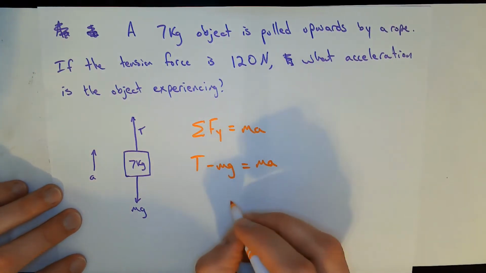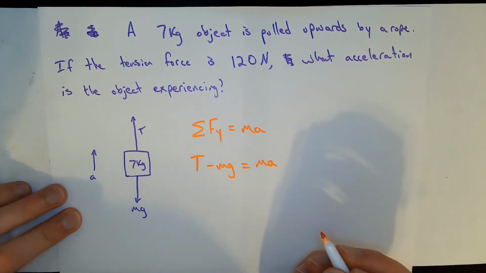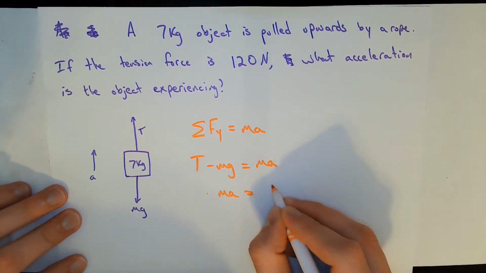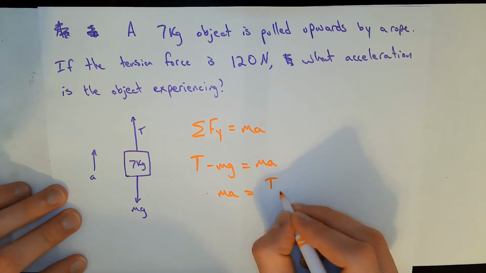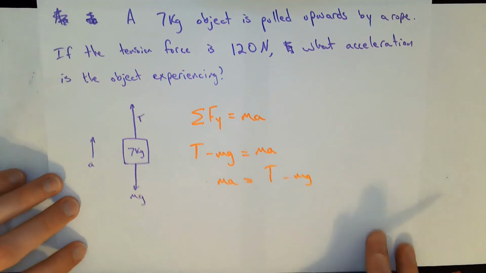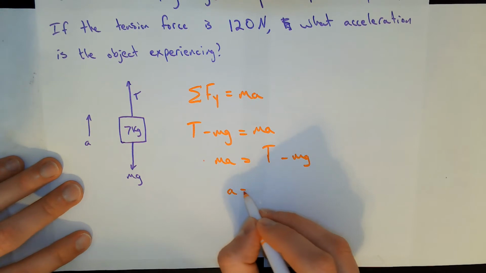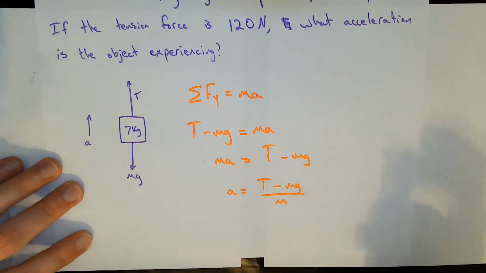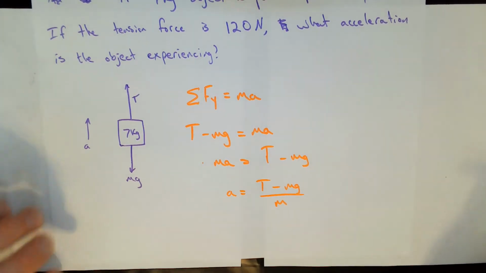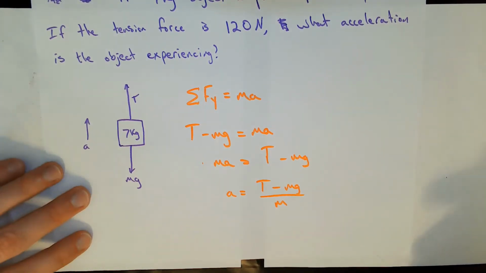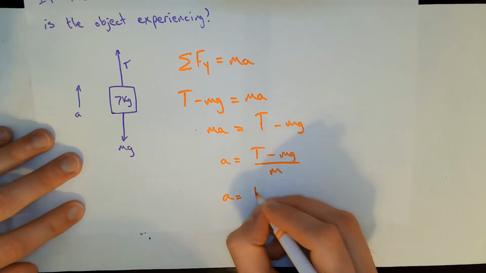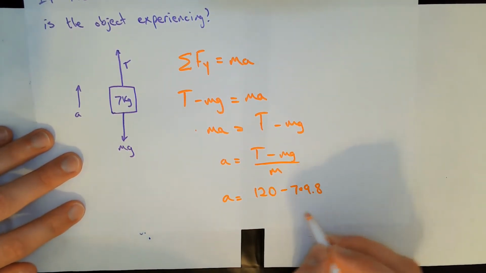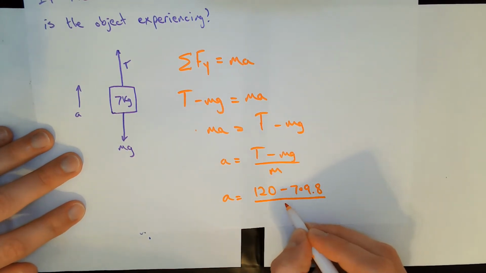Okay, so what am I looking for? I'm looking for acceleration, so I'll flip this equation around and put ma on the left side, so T minus mg, and now I'll divide by m on both sides. Now I'm ready to plug in. So a is equal to 120 minus 7 times 9.8, that's 7 kilograms, all over 7.